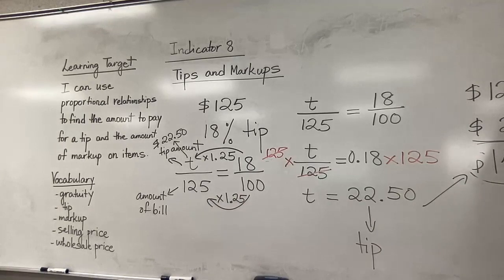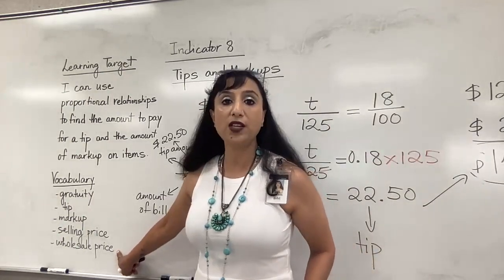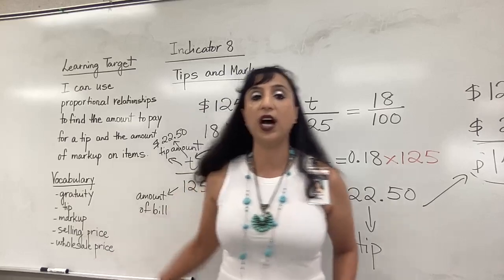All right. In order to make a profit, stores typically sell items for more than what they pay for them. The amount the store pays for an item is called the wholesale cost. So the wholesale price or wholesale cost is what the store is paying for the item.